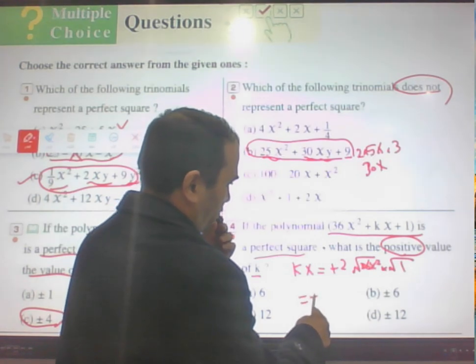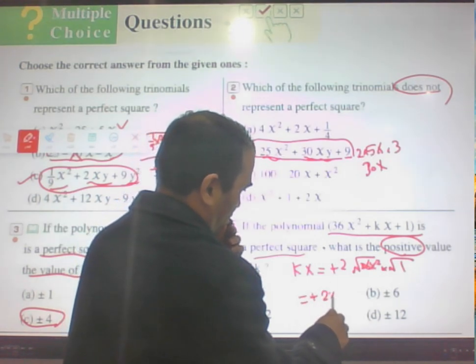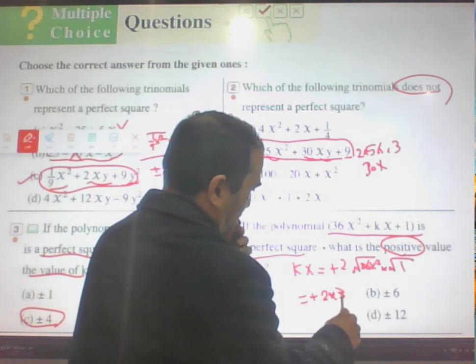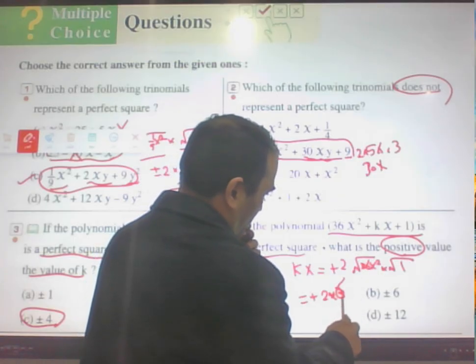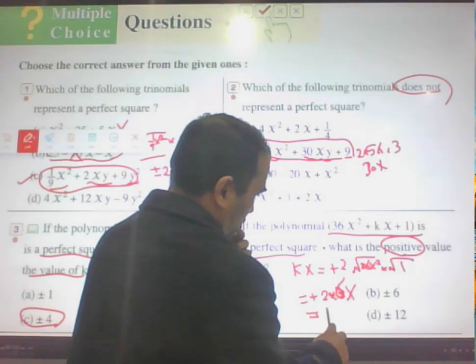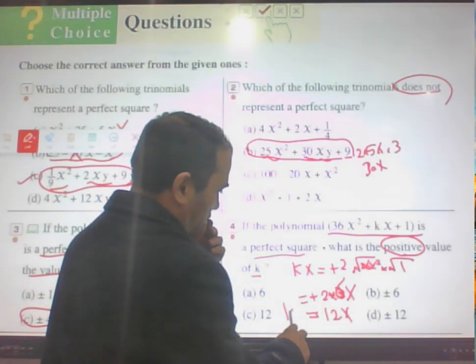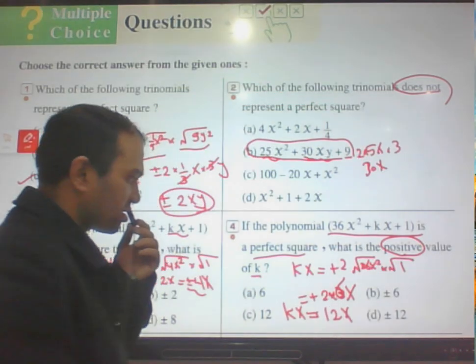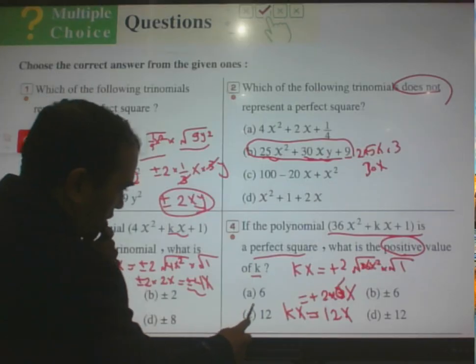The square root of 36 is 6x, times 1, then the answer will be 12x. Then the value of k equals what? K is the coefficient of x, so the value of k here equals 12. Choose letter C.